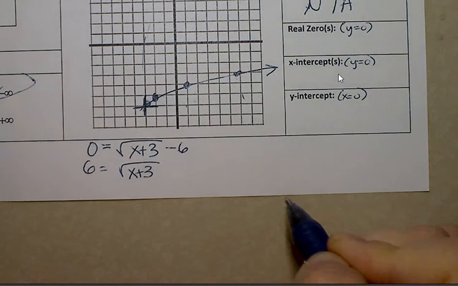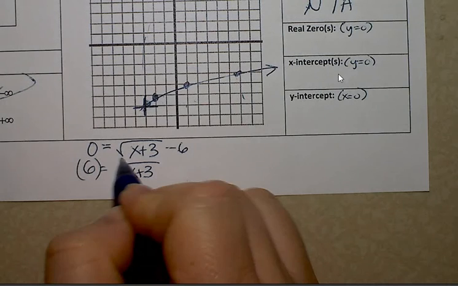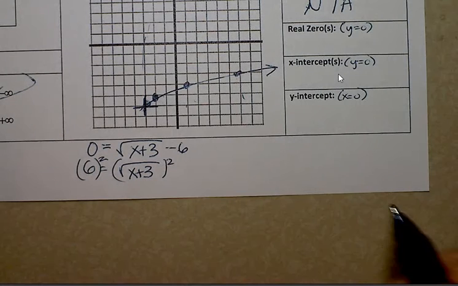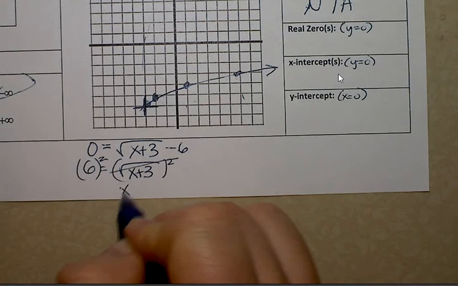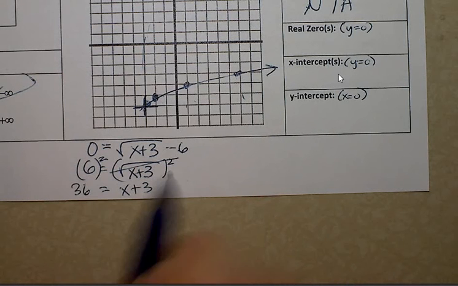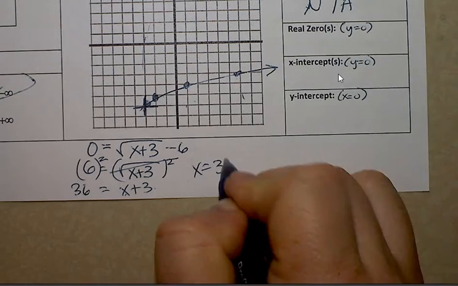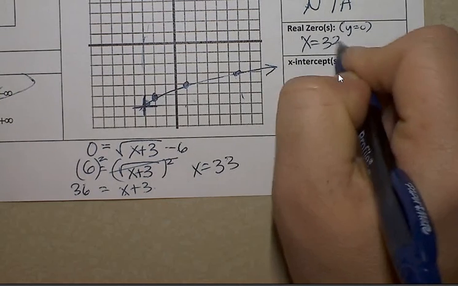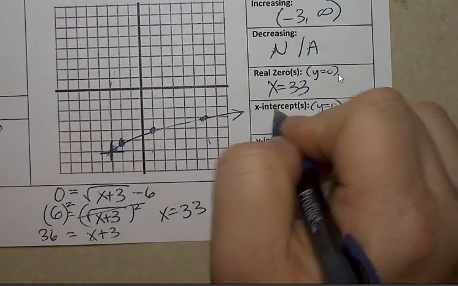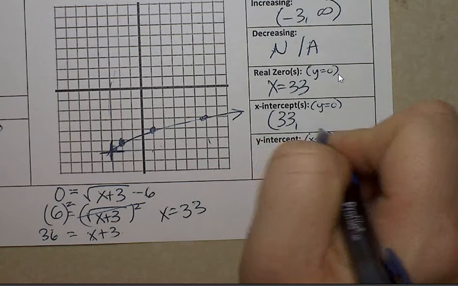To cancel out the square root, you're going to square both the left and the right side. To isolate the x, you'll subtract 3 from both sides. x equals 33. Written as an ordered pair, the x-intercept is (33, 0).